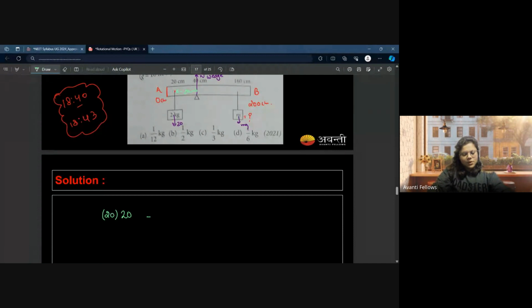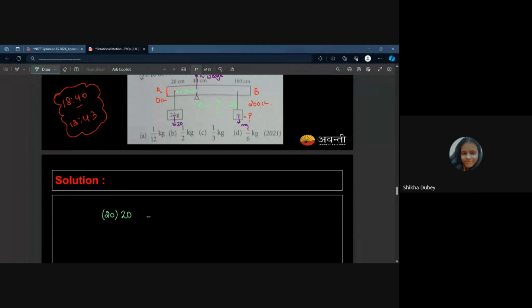What is the distance in between wedge and this mass m? 120 centimeter.